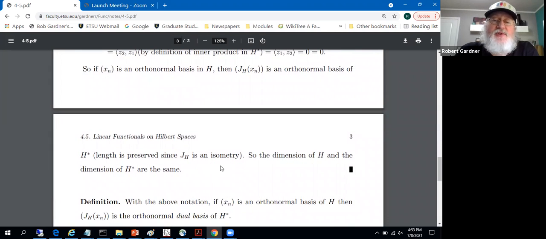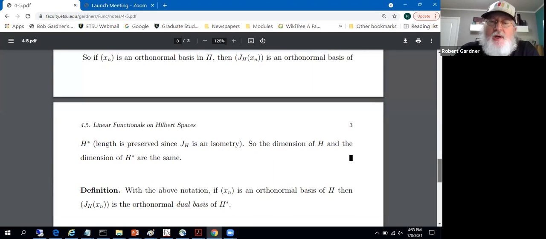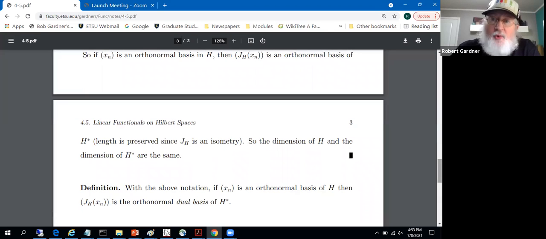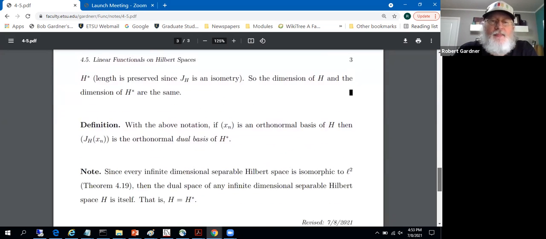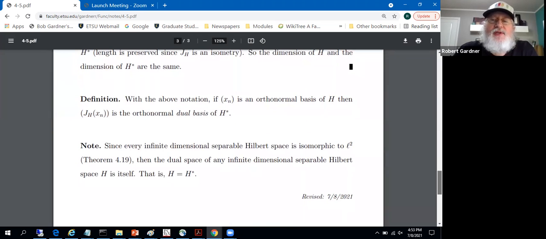I think this is preserved since J sub H is an isometry, that's possibly contained in the proof of Theorem 4.22 as well. So bases correspond, orthonormal bases correspond. The dimension of H and the dimension of H star will be the same. Under this notation, the orthonormal basis of H produces this orthonormal basis, called a dual basis, of the dual space.